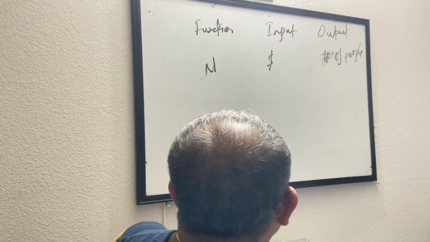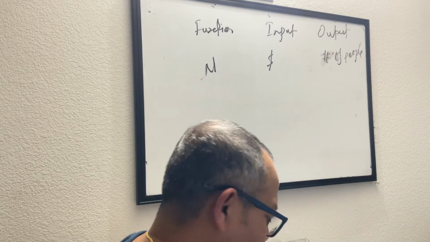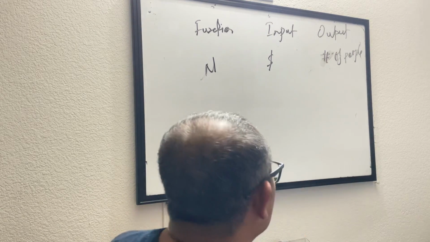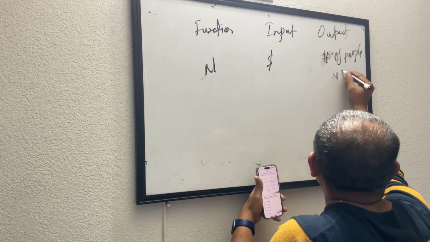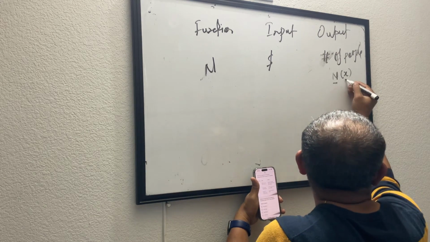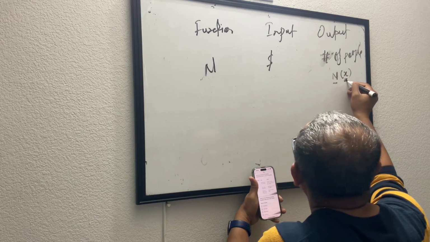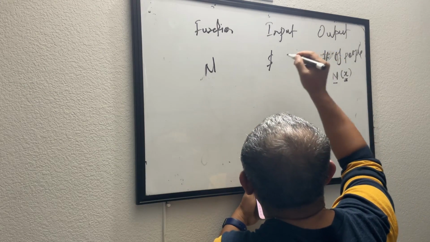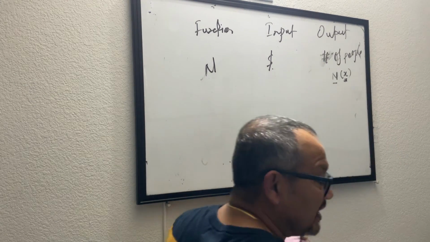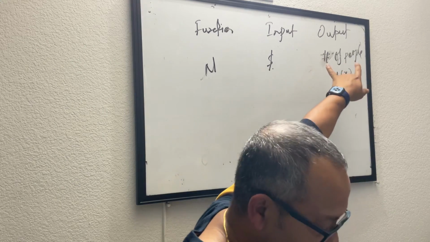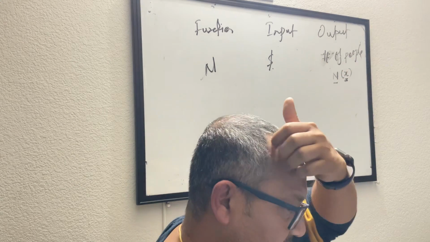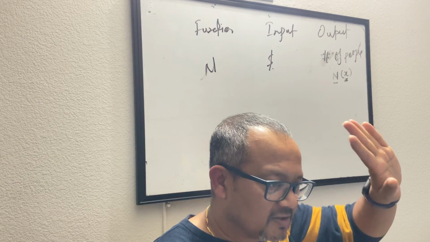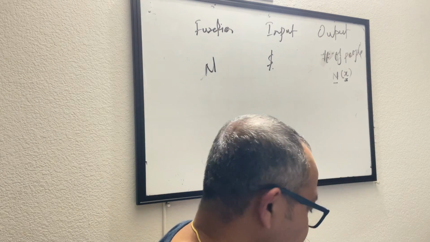It's called n of x. This is a function. x is the number of dollars that he's spending, which says how many people can come. This is the first function. Is that clear to everybody so far? I will anyway repeat, but I'm just asking.